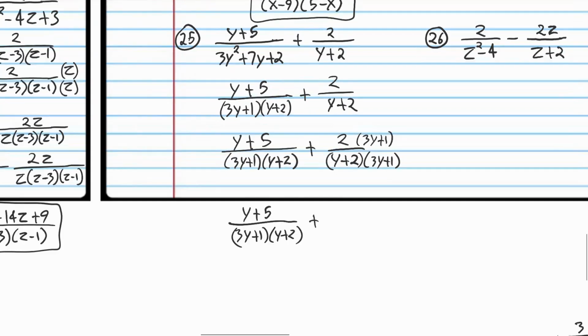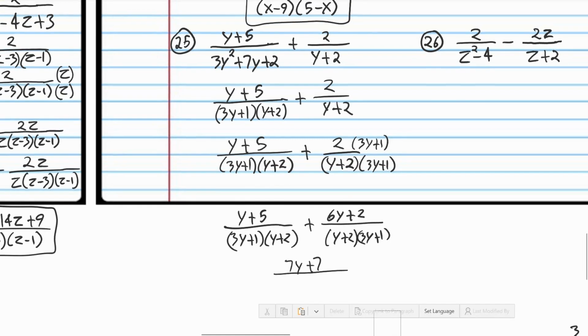We're going to distribute. So we get 6y plus 2. Then we can add up 6y plus y is 7y. 5 plus 2 is 7. And we have 3y plus 1, just rewrite the denominator.